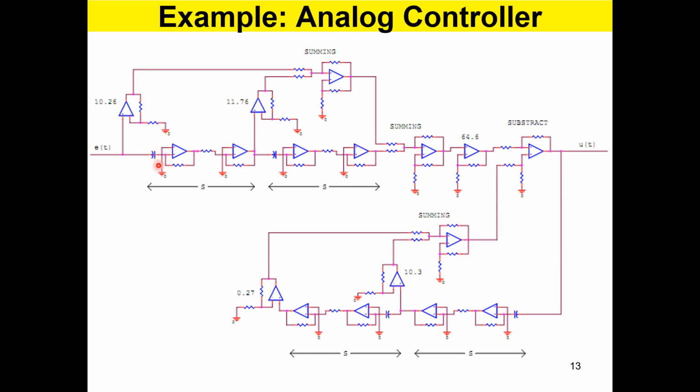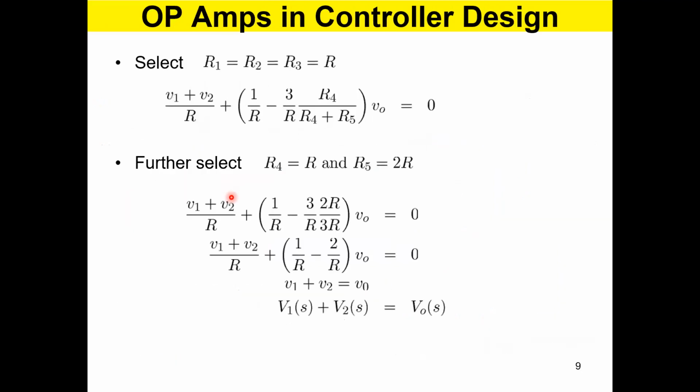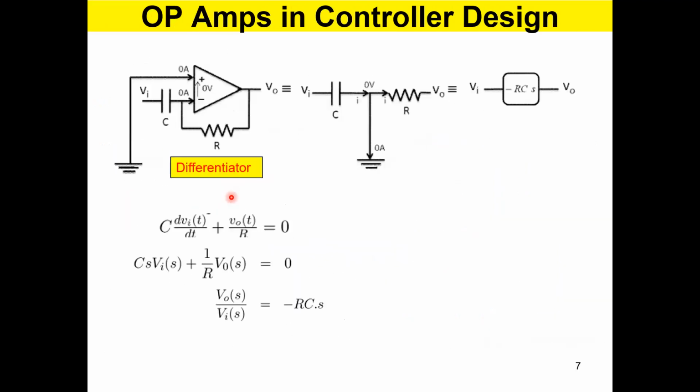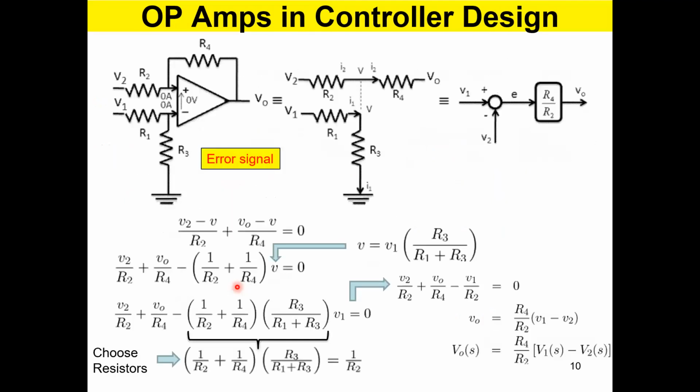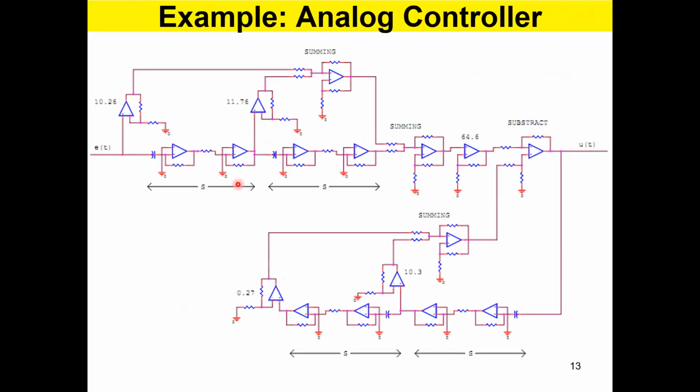So that's what I said earlier. Differentiator is not just what I showed you here. Because of this negative RC gain, you need another negative gain, one of these, to make it positive. So that's why you get 2 op-amps in one differentiator, like this.